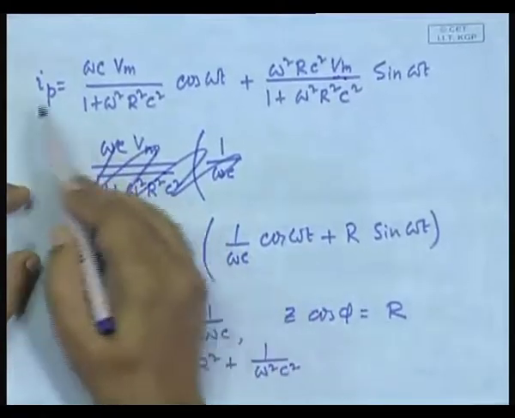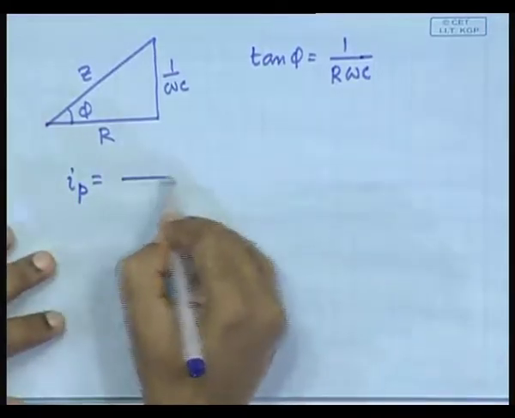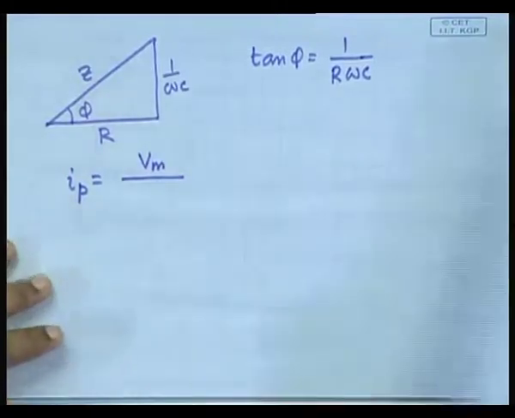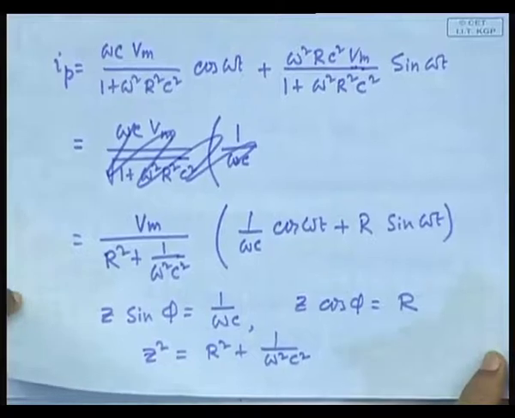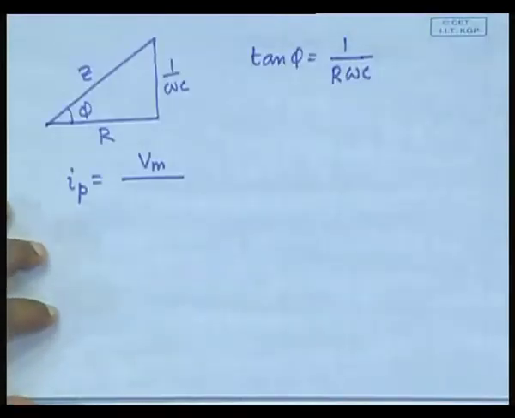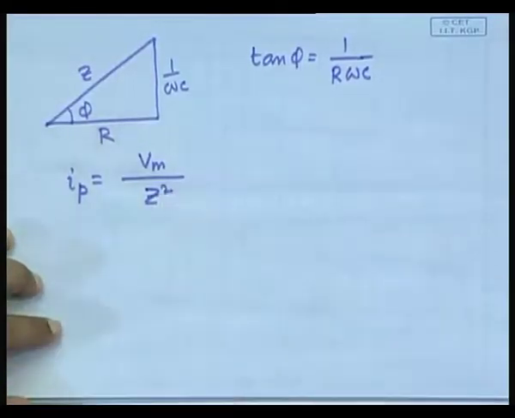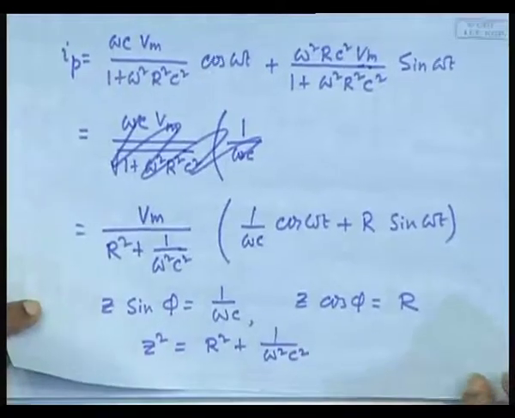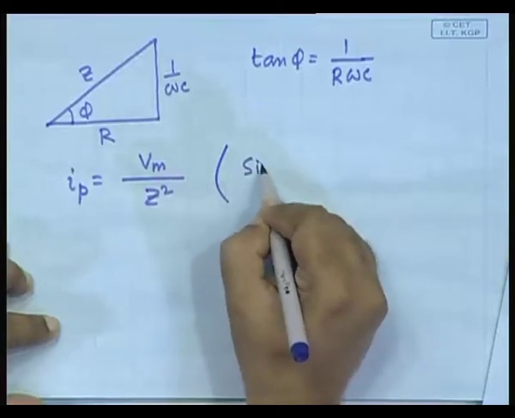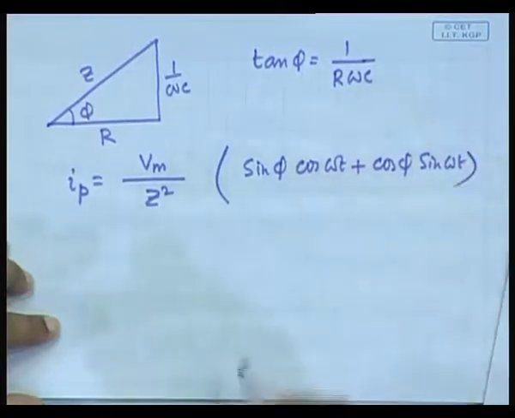Then this equation becomes I p is equal to V m, it was by this, so this is Z square in the denominator, and this is equal to sin phi cos omega t plus cos phi sin omega t. Fine.